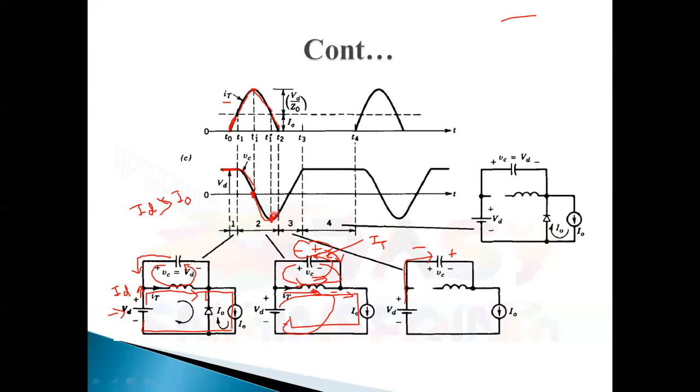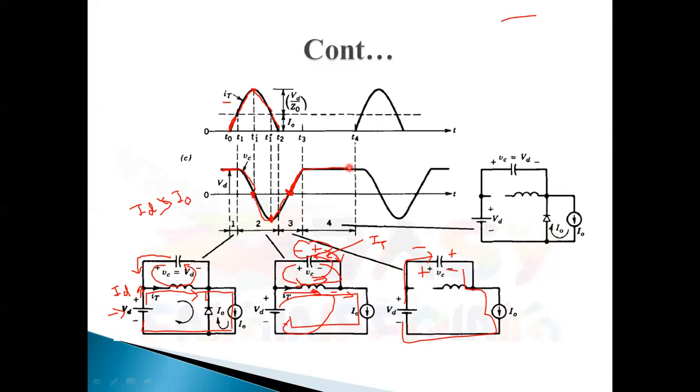At this point the capacitor energy is totally discharged. After then the VD voltage again charges this capacitor by this polarity, and it again takes the positive voltage, and current is flowing through this. So we got the VC voltage as positive VC voltage.